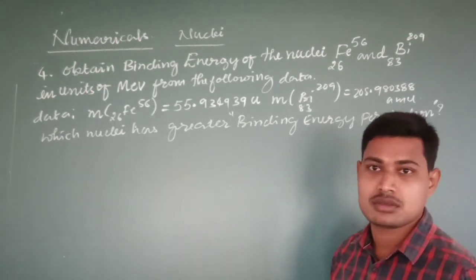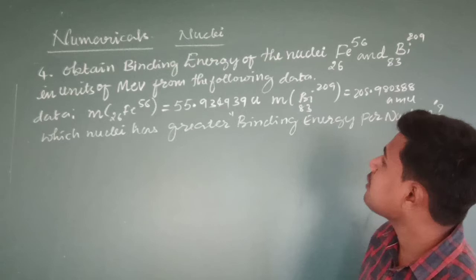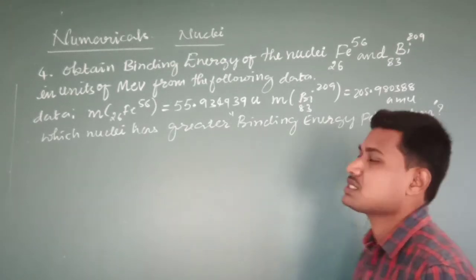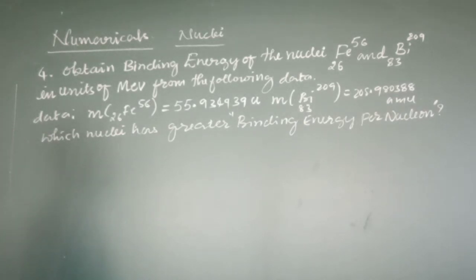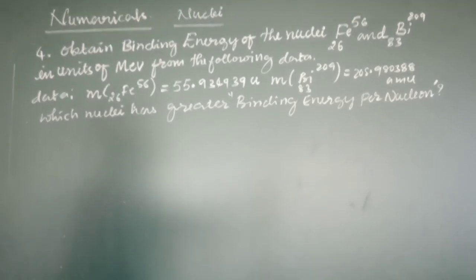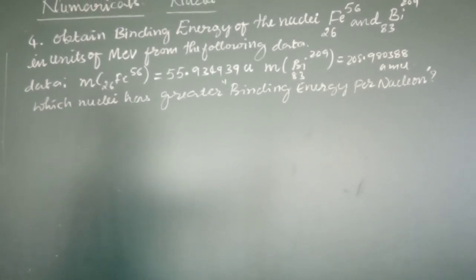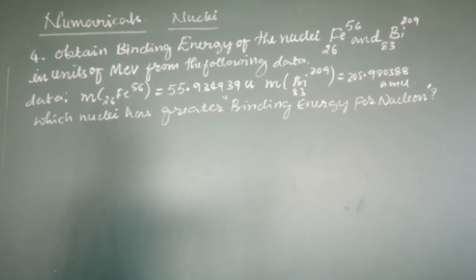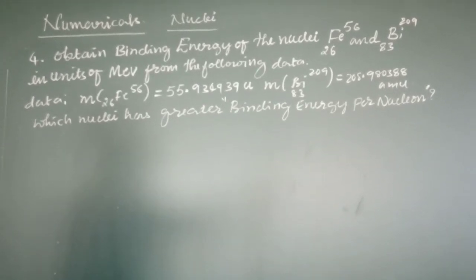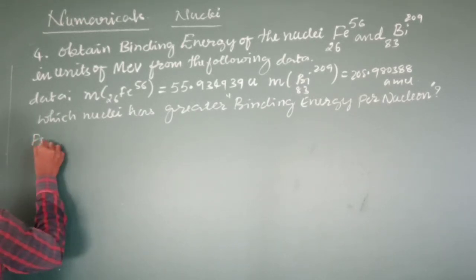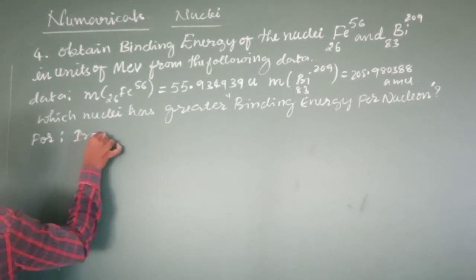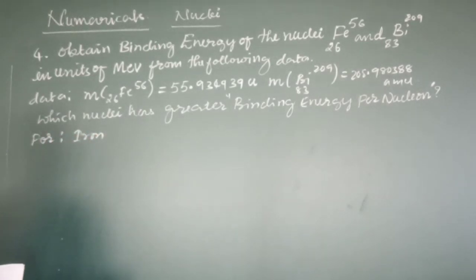So next, obtain the binding energy of the nuclei of iron and bismuth. Very simple, so we shall work out this problem. See, first for iron, what is the number of protons?